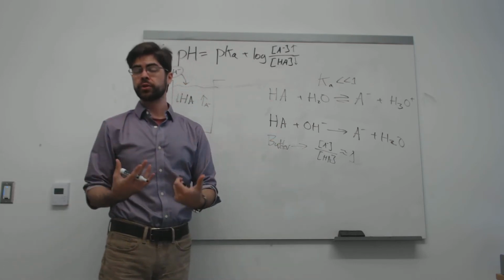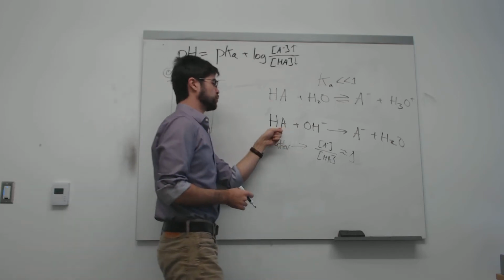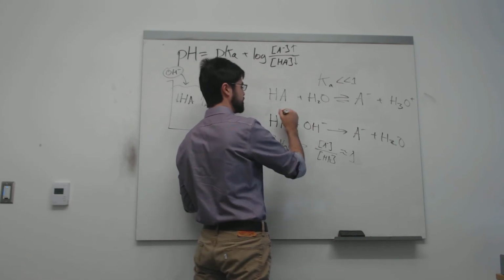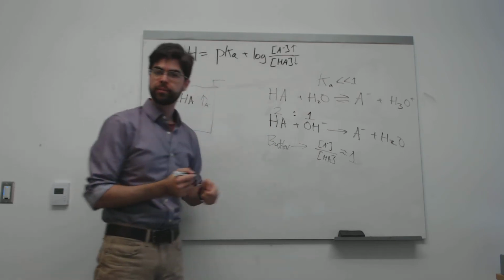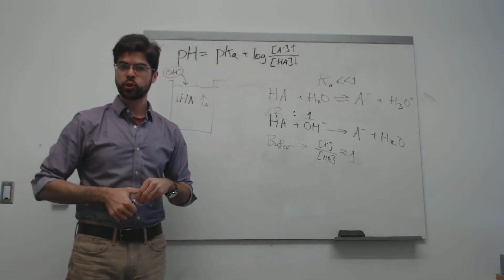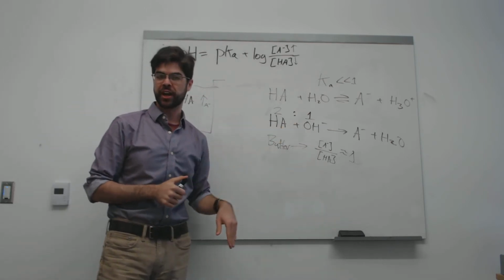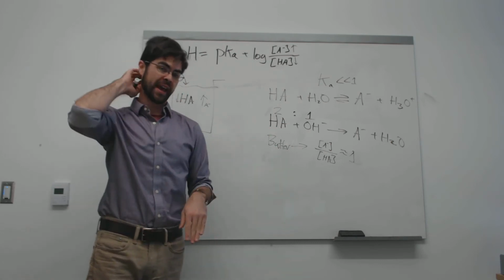So I asserted the ratio that you want of weak acid to base was 2 to 1. Why is it 2 to 1? Why do you want half as much hydroxide as weak acid?